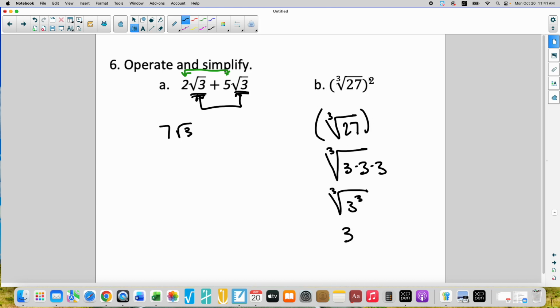And then if we just bring that square outside, because we're going to do that first, these cancel, leaving you with 3. Whoa, not to the 3rd. 3 squared. And you get 9. So this all simplifies to a nice clean number like 9. I know it's crazy.